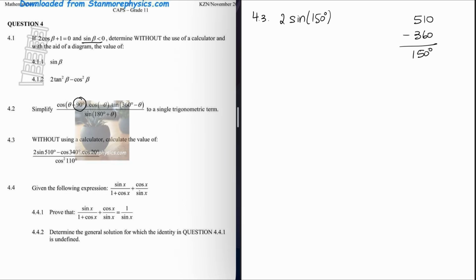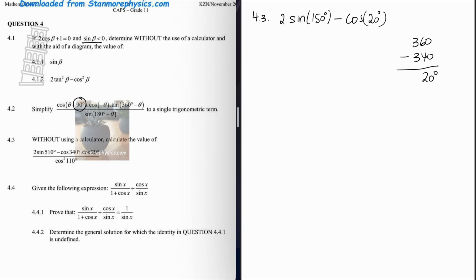And then minus cos of 340. So we can rewrite 340. So remember, 360 minus 340, that's equal to 20 degrees. So we can write here minus cos of 20 degrees.